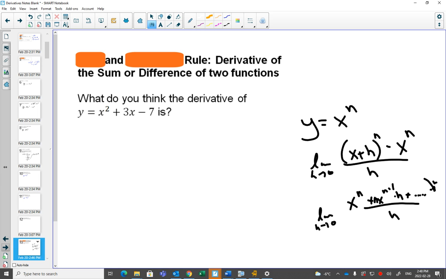And then you'd be able to argue that these ones would cancel out. And all of these other ones have h's, which you could factor out. And only the first one has a single h. So all you would be left with is the n times x to the n minus 1. And since you've proven it for a random number n, you therefore prove it for all numbers and all exponents.